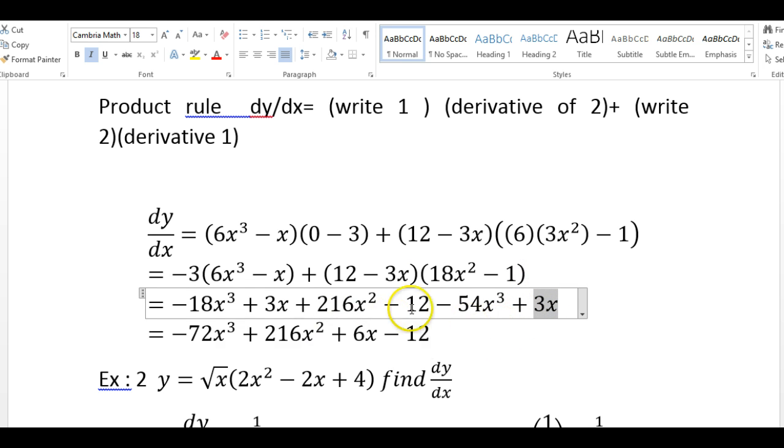Alright, so now I collect the like terms. I have an x cubed here and a negative 54x cubed here. That will give you negative 54, negative 18, which is negative 72. Then I have a 216x squared there. There's no other x squared here. 216x squared plus 3x plus 3x, which is 6x, and then minus 12.